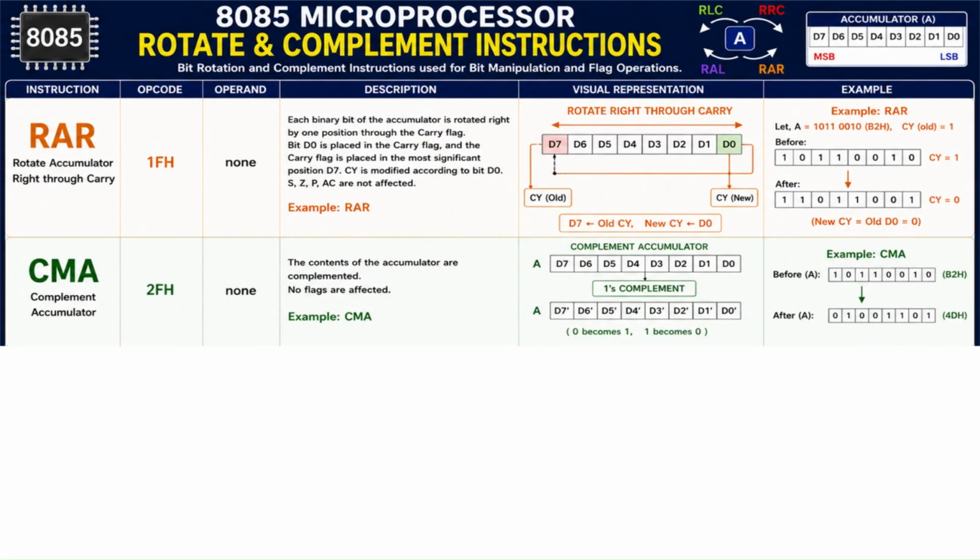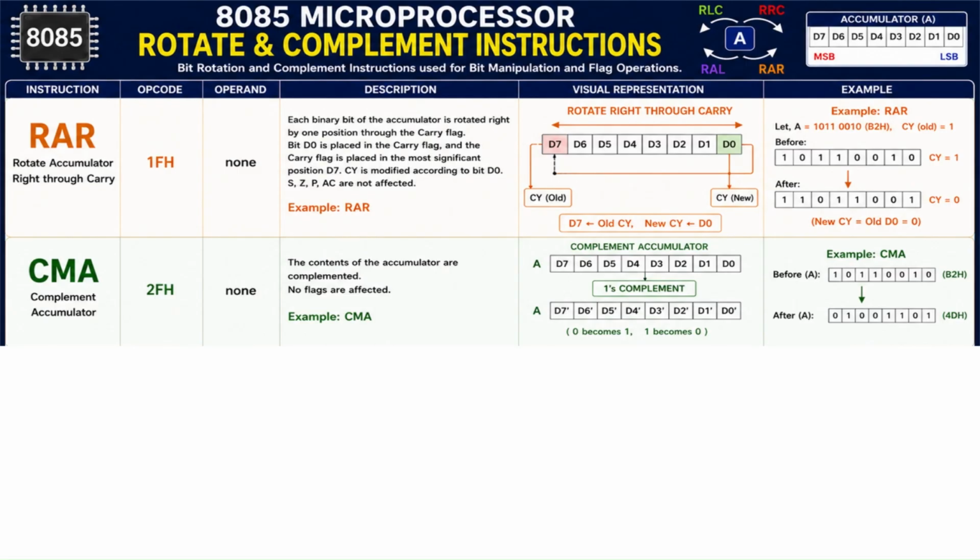The processor performs one's complement. What does that mean? Every single bit is reversed. Every 0 becomes 1 and every 1 becomes 0. Nothing else changes. No arithmetic, no shifting, only inversion of bits. Also remember, no flags are affected.